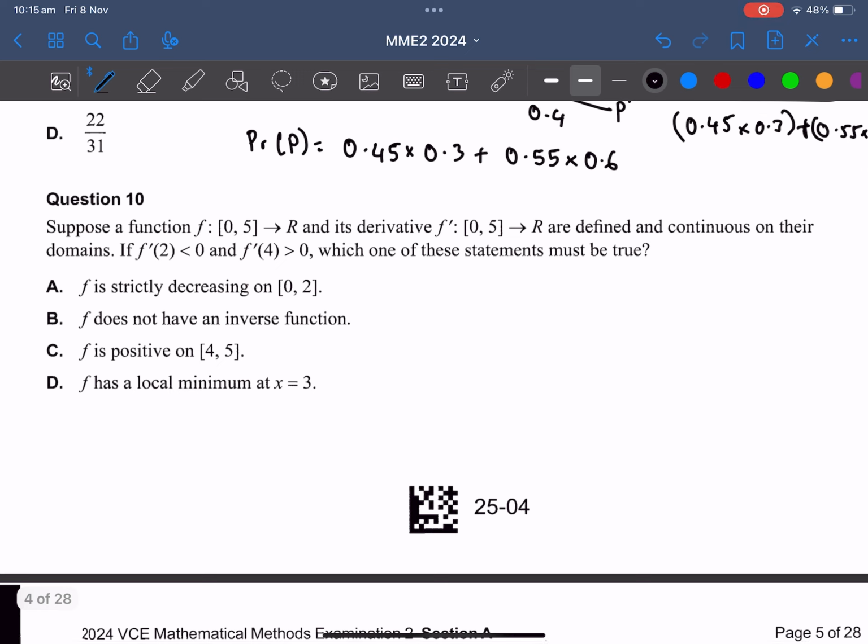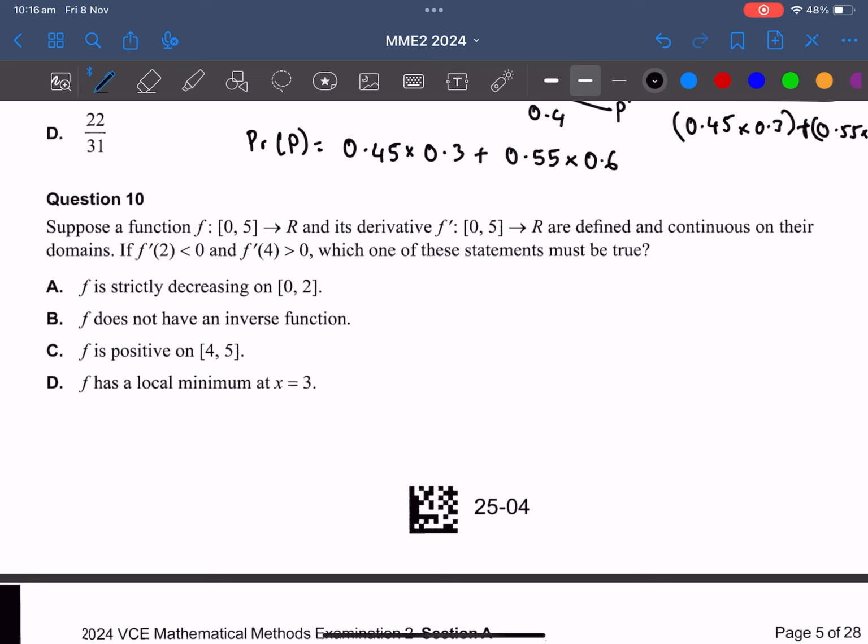Suppose a function f with this domain and its derivative with this domain are defined and continuous. If f dash of 2 is less than 0 and f dash of 4 is greater than 0, which one of the statements must be true?